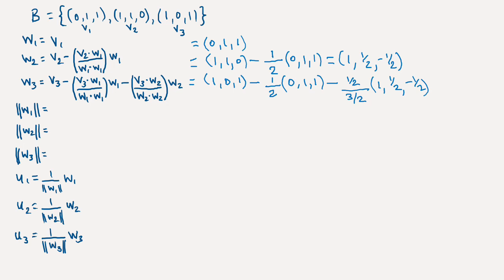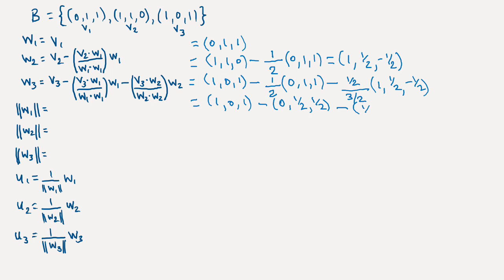Okay, so putting all that together, let's see what we have. I'm just going to do this in 2 steps. So we'll have 0, 1 half, 1 half, and then here, 1 half divided by 3 halves is going to be 1/3.